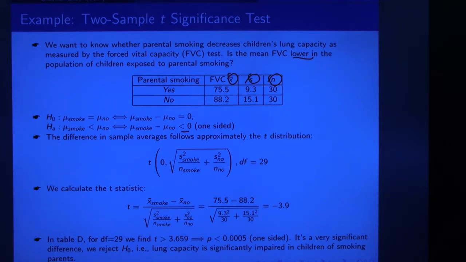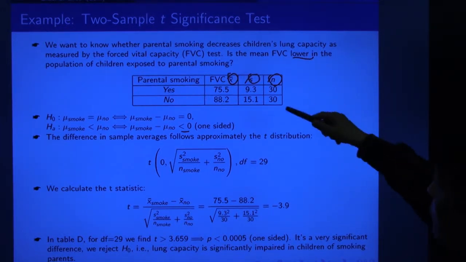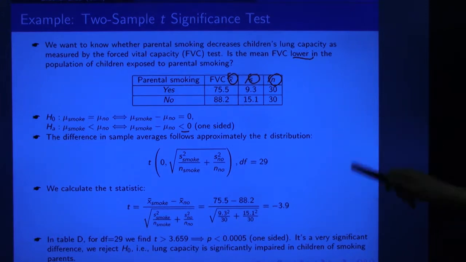The next one, we know the difference between these two samples satisfy a t-test because we don't know the standard deviations of the two populations. So this is a t-test.